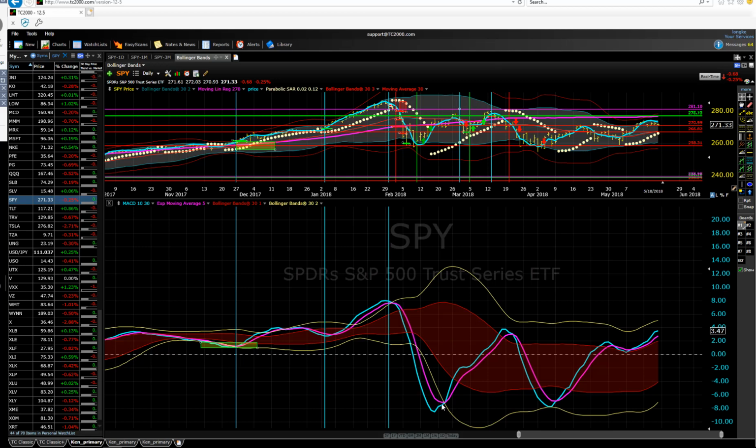If we were to take a look at the S&P, let's go ahead and look around about the 12th of February. We should see owls. So if I shift to the other form, if we go back to February 12th, I'm going to try to just shrink this up so we can see it a little more easily.